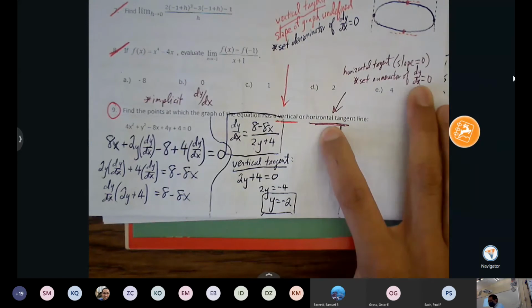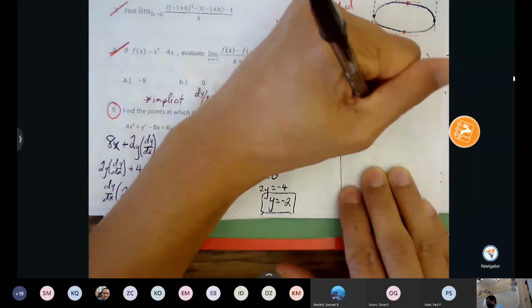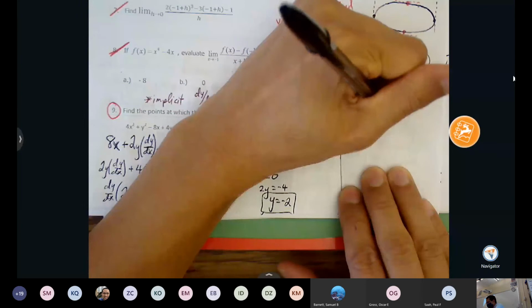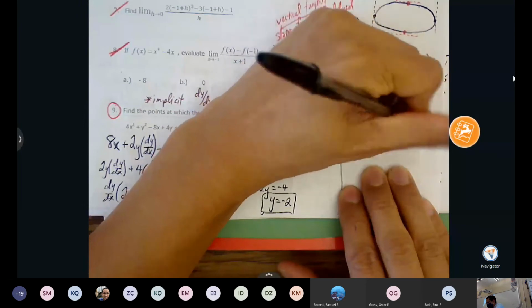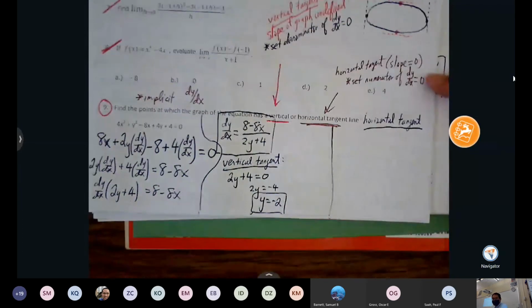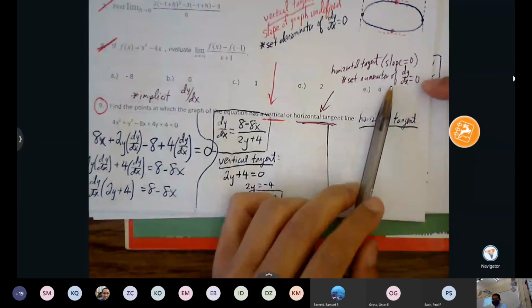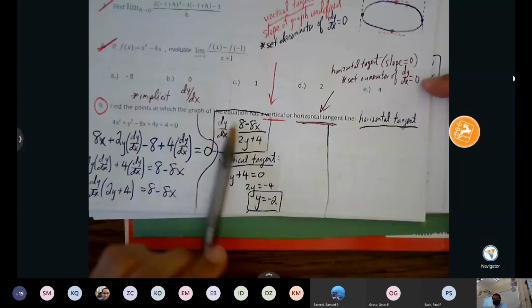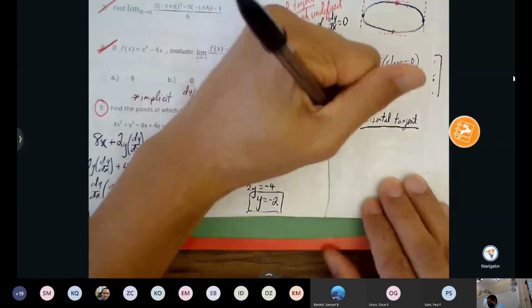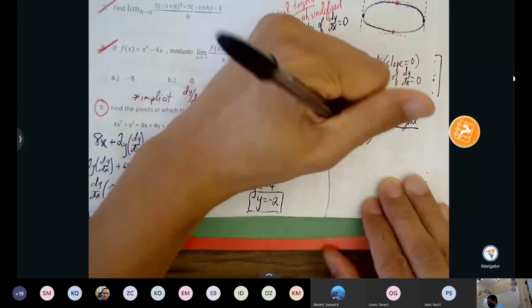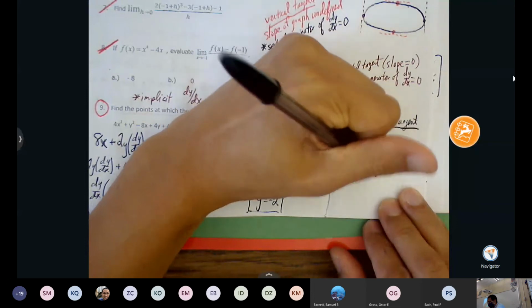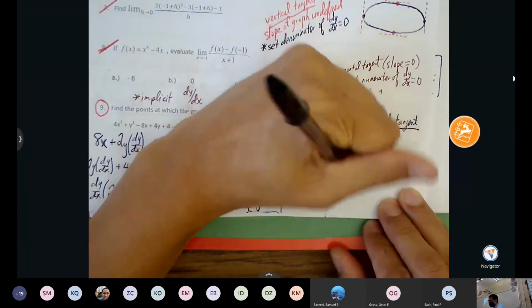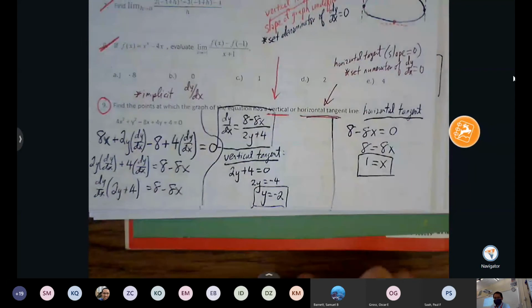Horizontal tangents. Now we focus our attention at the numerator portion. We set the numerator equal to 0. Okay.